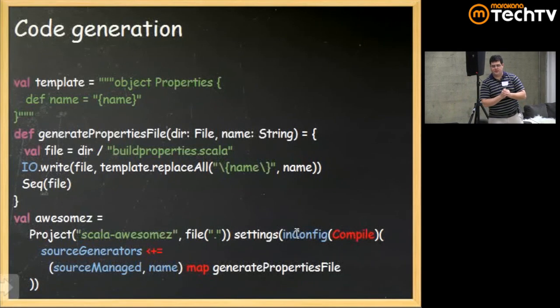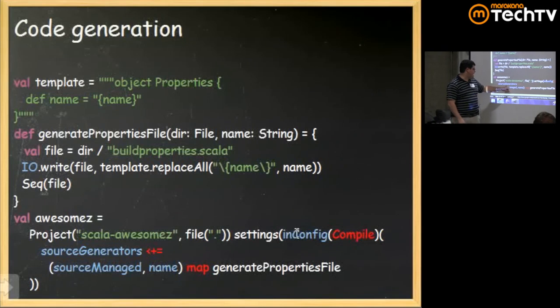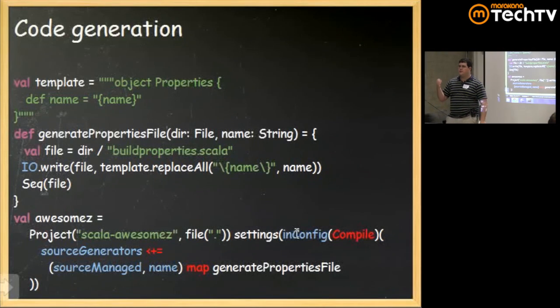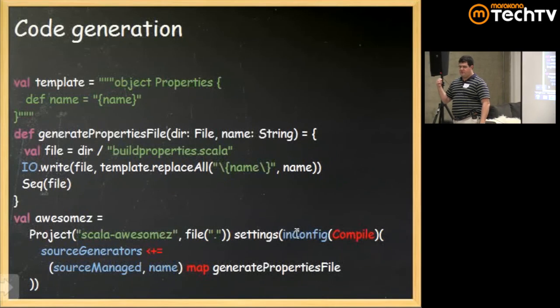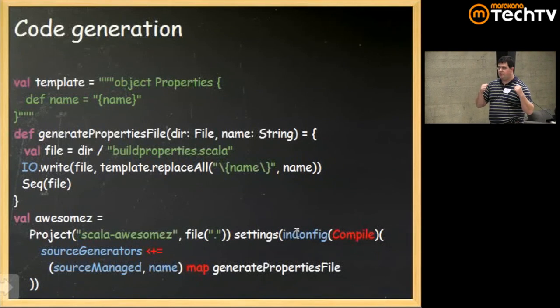Okay, so now in my project, in the configuration of compile, I add a source generator. A source generator is a key in SBT of something that will, it's a task that generates a sequence of files. So what I'm doing is I'm calling plus equals and adding a new sequence of files to the existing sequence of files.